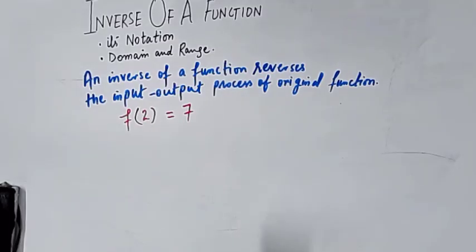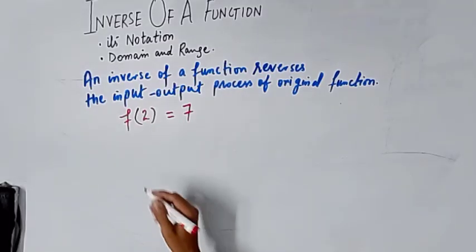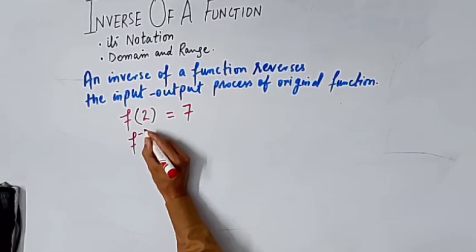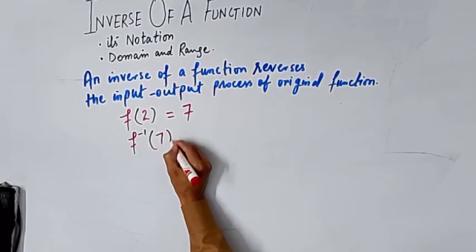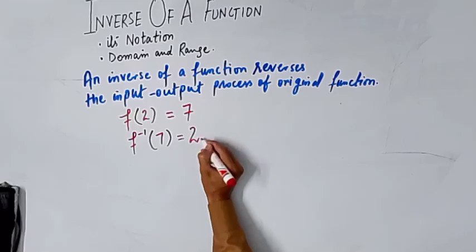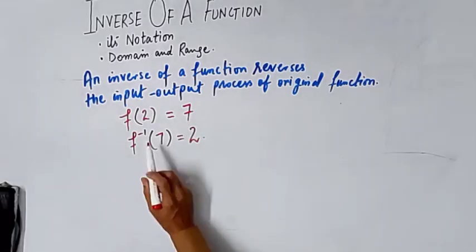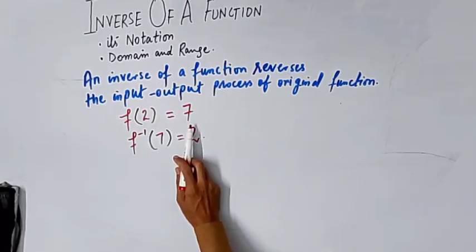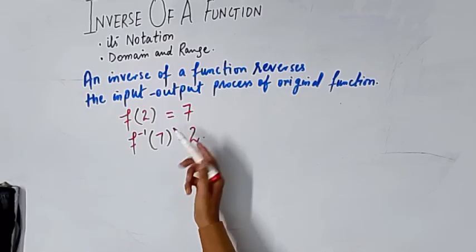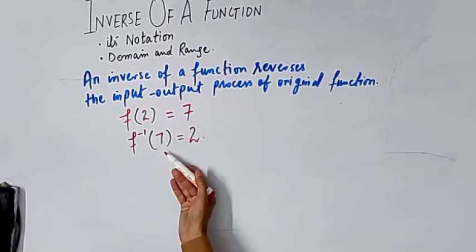In the inverse, when we put 7, it will give us 2. So it reverses the input output situation. In the original function, if we put the input 2, we get the output 7, but in its inverse, when we put the value 7, we get 2.